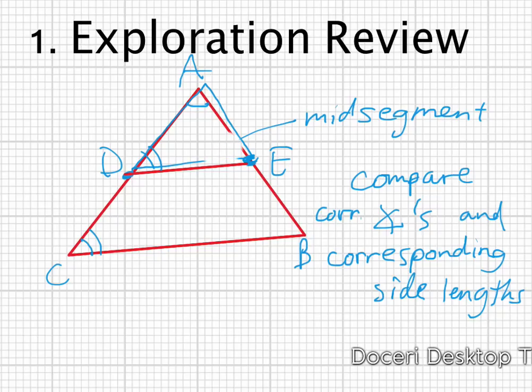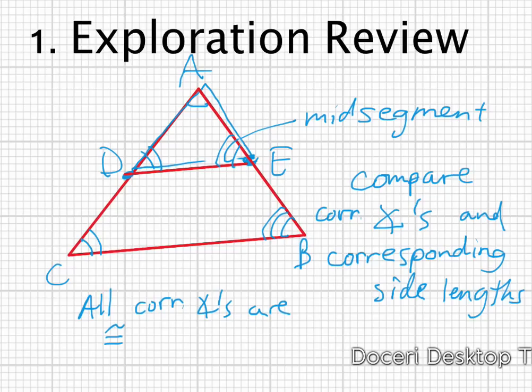It's getting in the way, so I'm going to redraw it. So here we go. That means this angle is the same as this angle. So that's one thing you should notice, is that all corresponding angles are congruent.